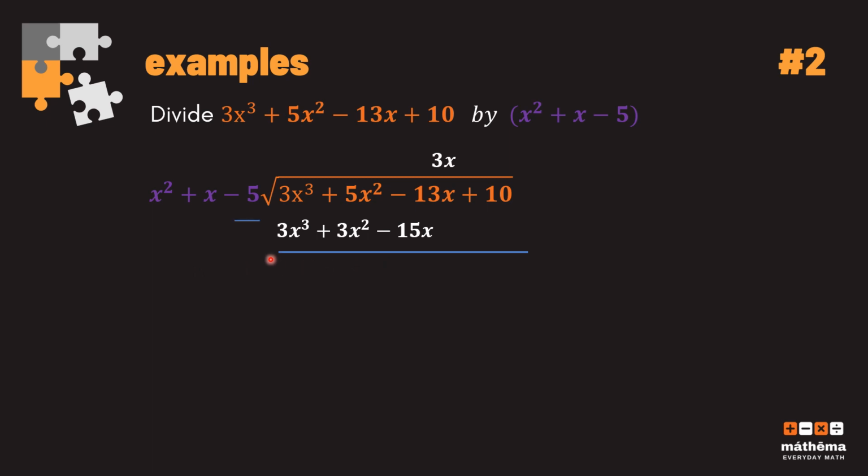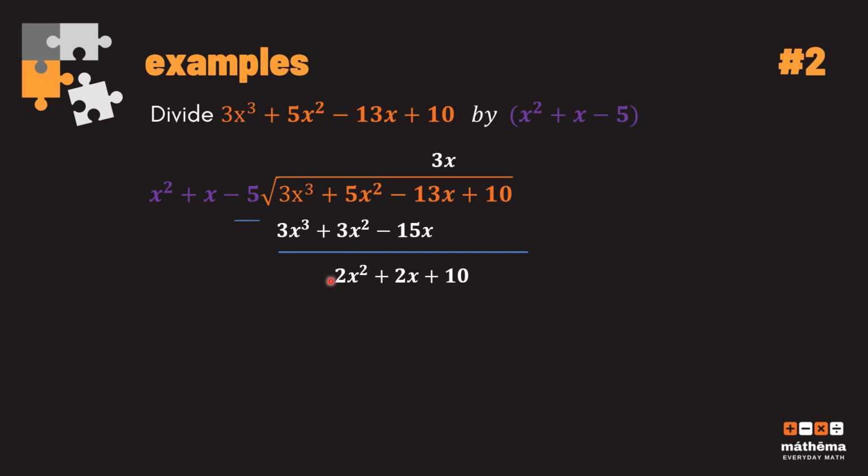Again, subtract. 3x cubed minus 3x cubed is 0. 5x squared minus 3x squared will give us 2x squared. Negative 13x, this will become positive, negative times negative. Negative 13x plus 15x will give us 2x, and then bring down 10.